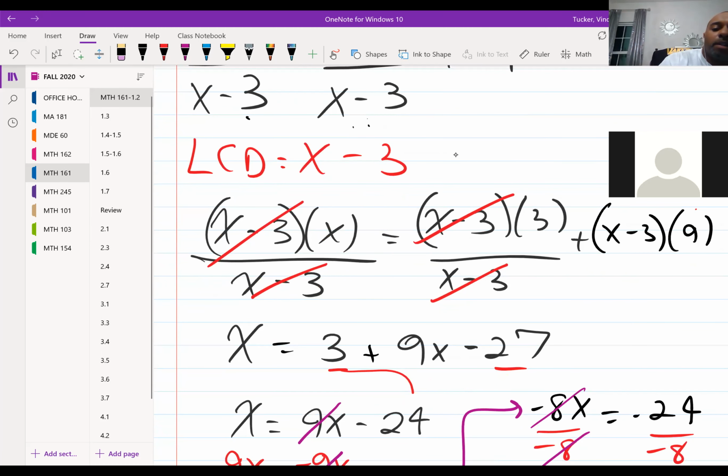Now we can cancel out the quantity of x minus 3 in the first two expressions. Doing that leaves us with x equal to 3, and then in the back we have 9 that we're going to distribute to each term. So that'll be plus 9x minus 27.